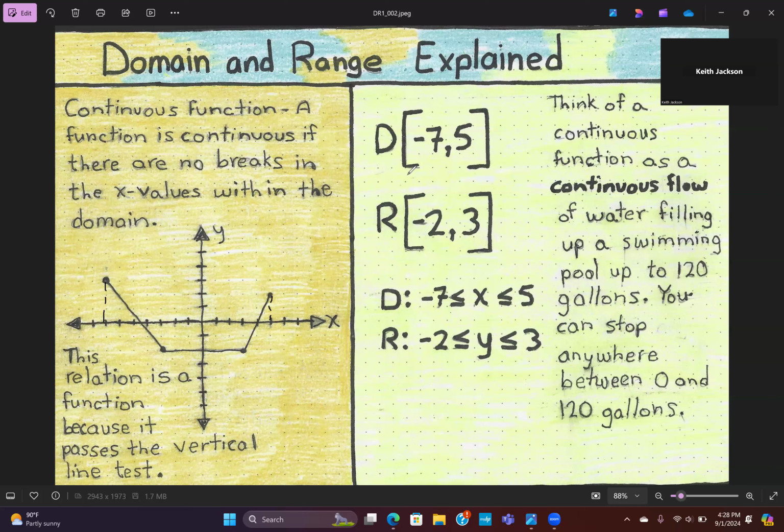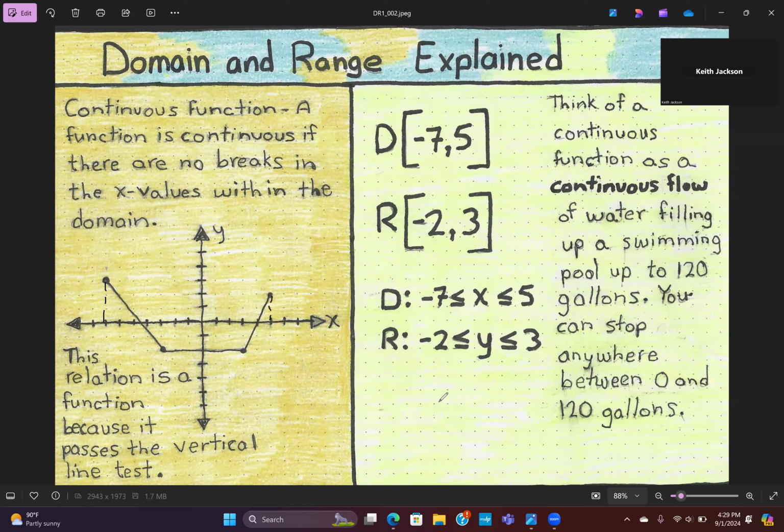And notice how I put the brackets right here, which means that it includes -2 and 3 for our range, and it includes -7 and 5 for our domain values. And so we can say y is less than or equal to 3, or greater than or equal to -2.